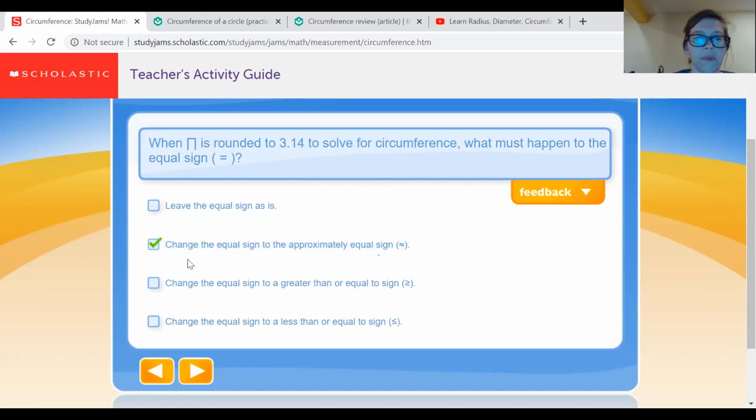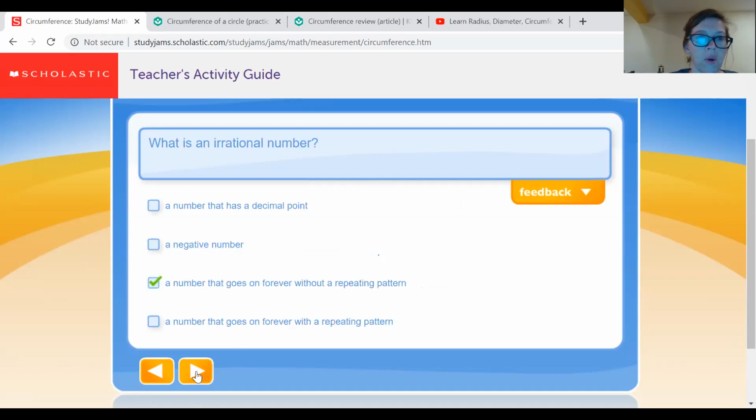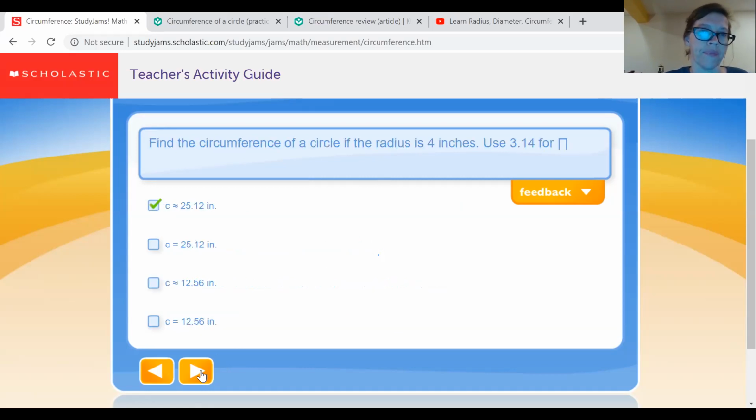They must change to the approximately equal sign, the little wavy sign. What is an irrational number? The answer to question 5, I believe, is a number that goes on forever without a repeating pattern.